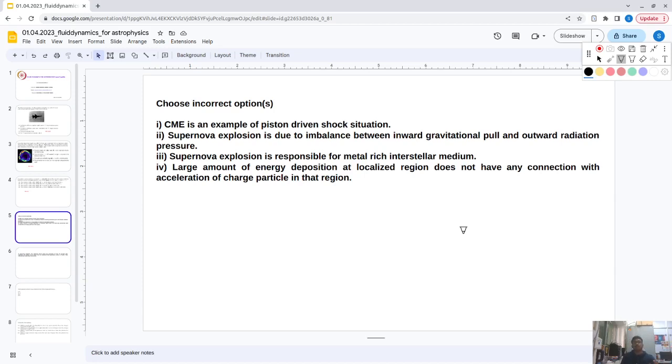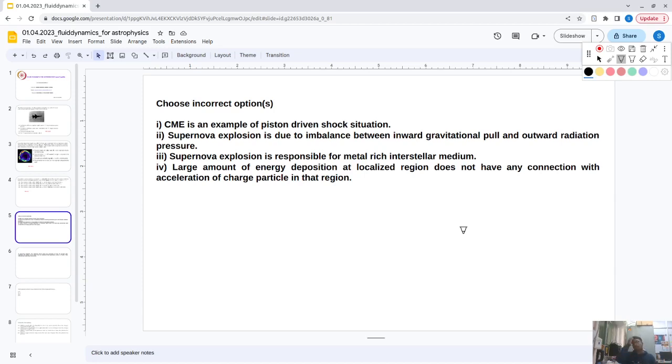Now, supernova explosion is due to imbalance between the inward gravitational pull and outward radiation pressure. So first of all, let us try to understand how an object like our sun or earth is stable, why they are not collapsing to a center.